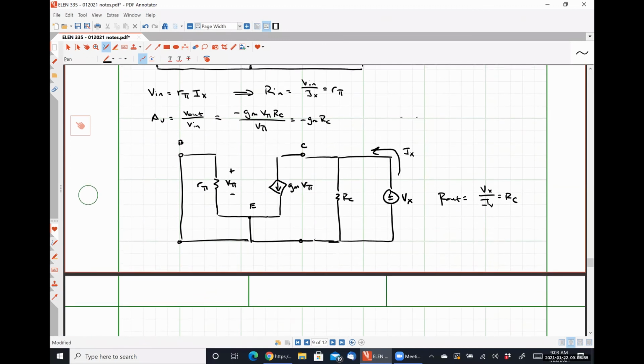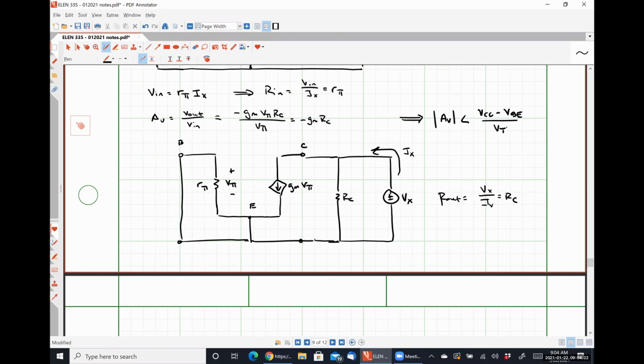And I'll sneak that in over here, okay? So the magnitude of AV will always be less than VCC minus VBE over our thermal voltage. All right, that's the maximum possible gain we could ever have.